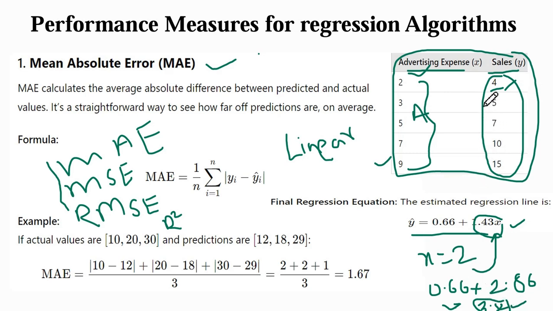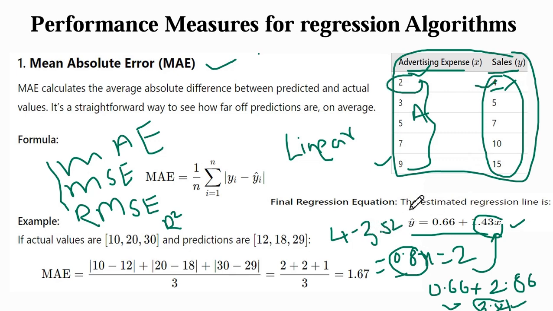The actual value for x equal to 2 is 4; 4 minus the predicted value 3.52 is equal to 0.48. This 0.48 is called the error. The simple error means the actual value minus the predicted value.